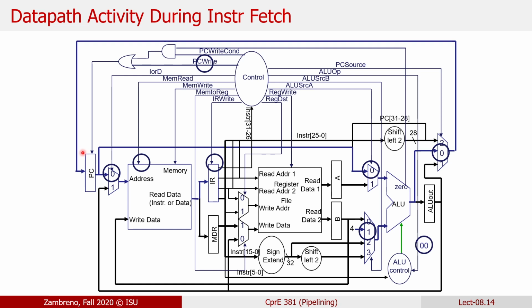Yes, as I mentioned, you could have still a PC write signal, but it would always be set to 1 for a single cycle implementation. In this case, though, we may want to write to the program counter 1 or multiple times in a given instruction's execution. We're saying that in the instruction fetch stage, we just want to write PC equals PC plus 4. So we would set this to 1. That's what that circling is implying here. So that we have our write enable set for our program counter.